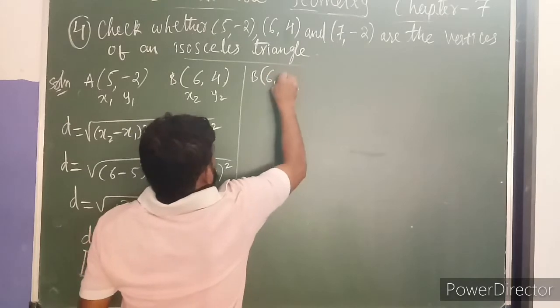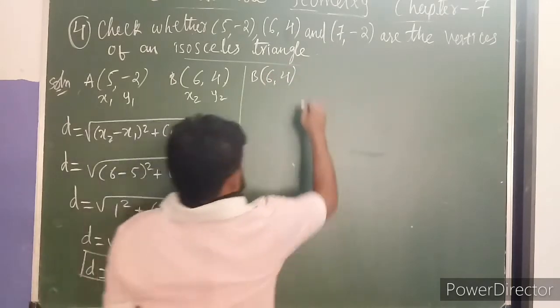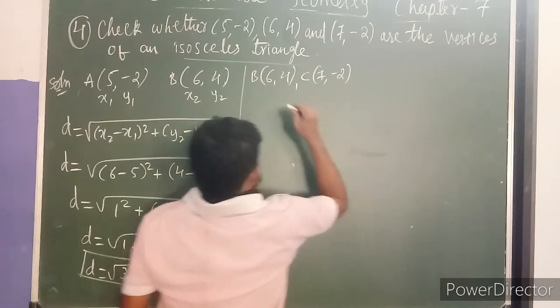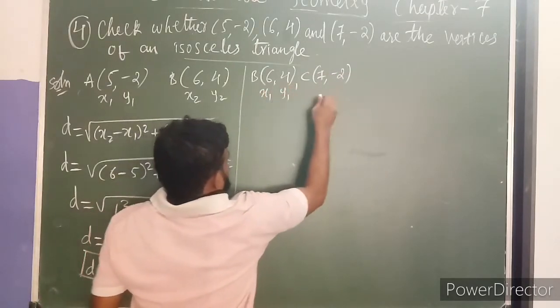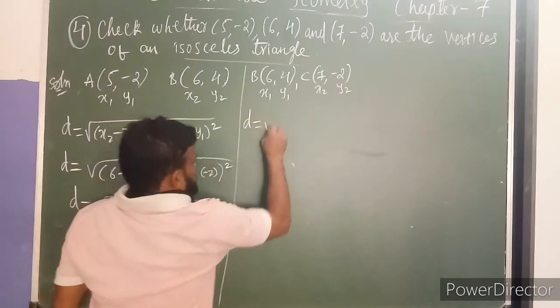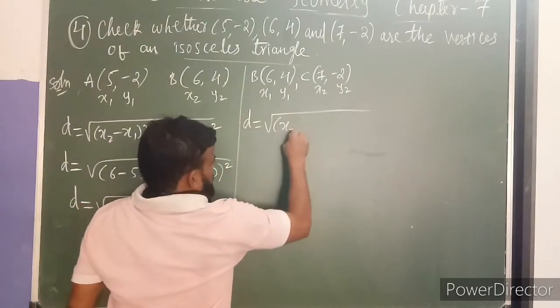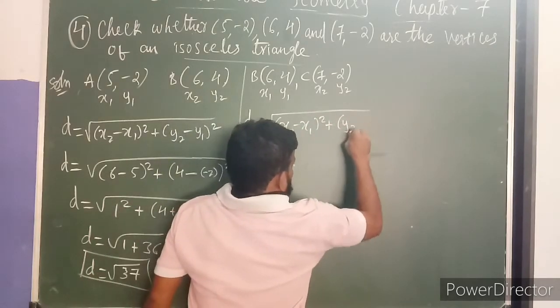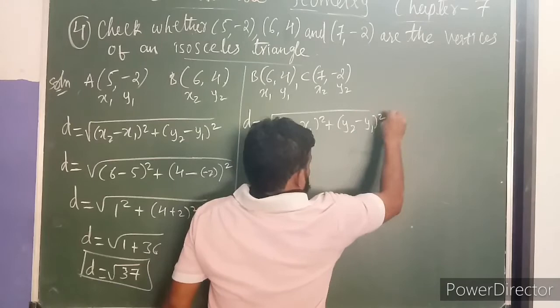B is (6, 4) and C is (7, -2). This is x1, y1, x2, y2. According to the distance formula, we have to keep the value (x2 minus x1) whole square plus (y2 minus y1) whole square.